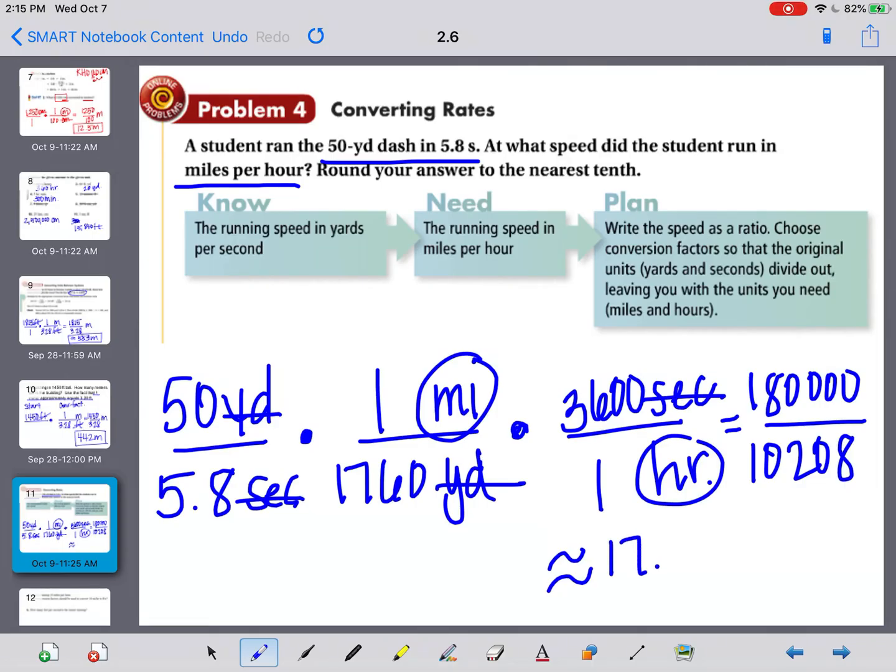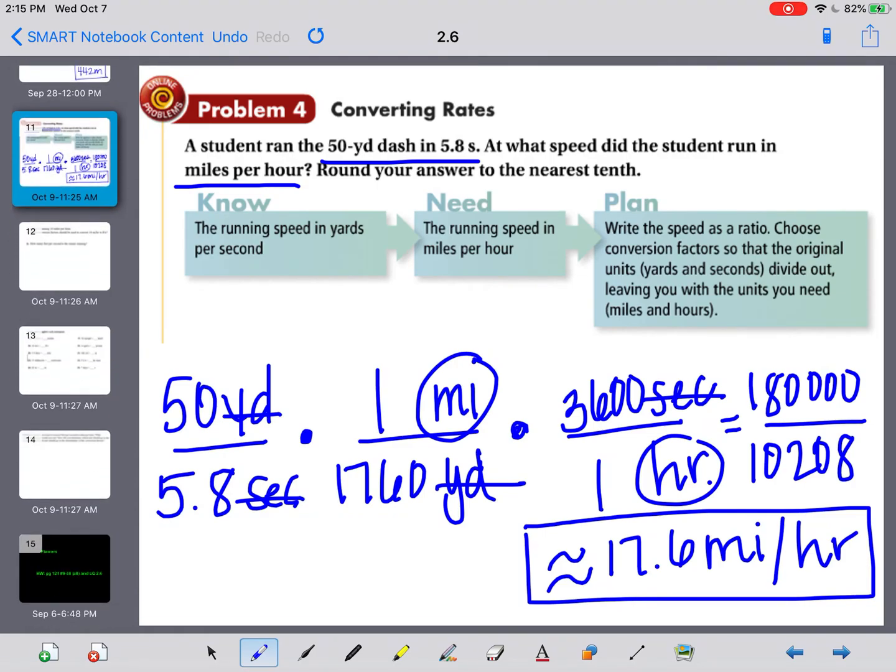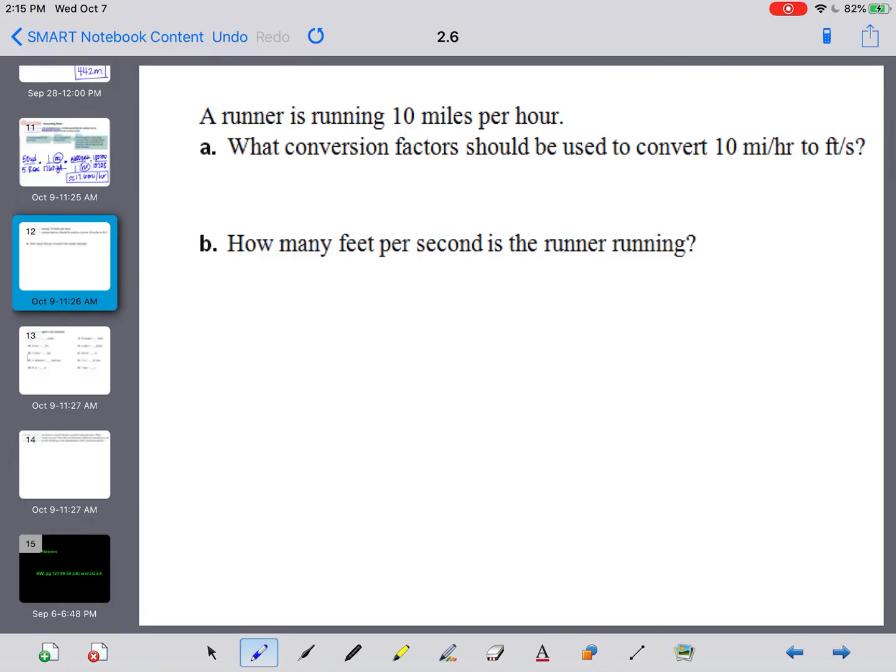So when I actually divide those out, I get that this student is running 17.6 miles per hour. So you always need one ratio for the information you're starting with, and then one per conversion factor.